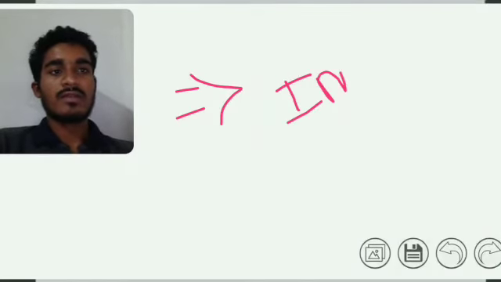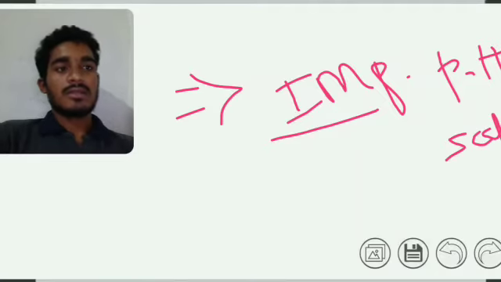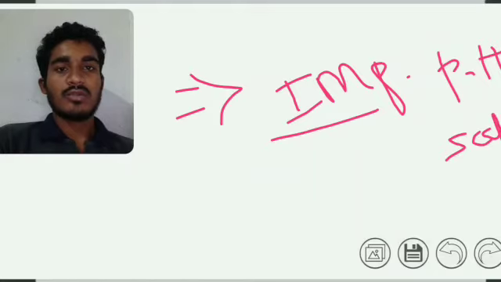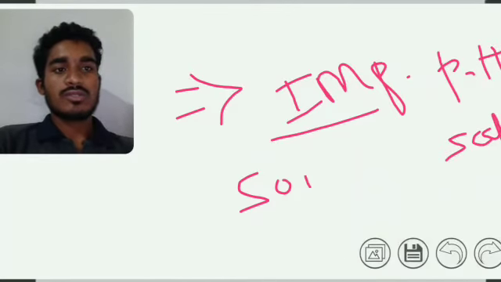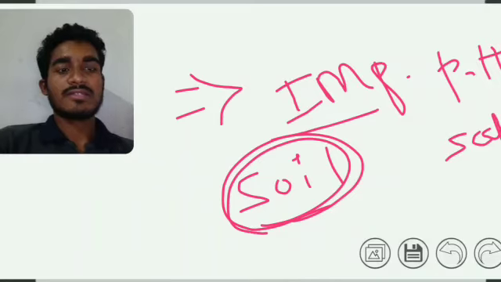Next, what is the importance of the pH scale? In our daily life, the pH scale is very important for the growth and benefit of plants, animals and soil, clay growth, and also for tooth decay and our digestion process.